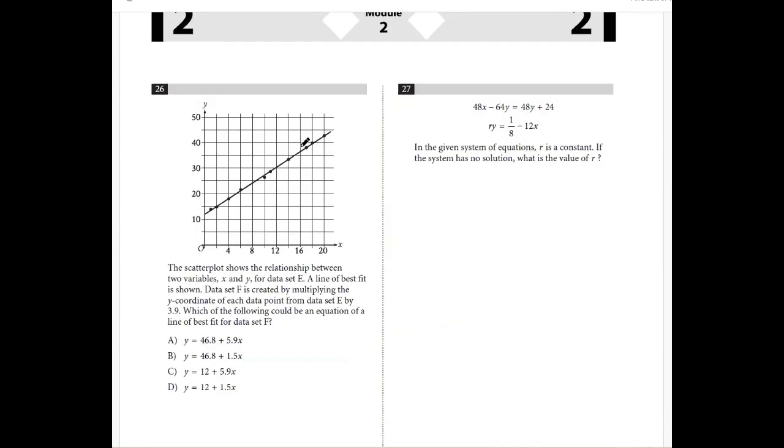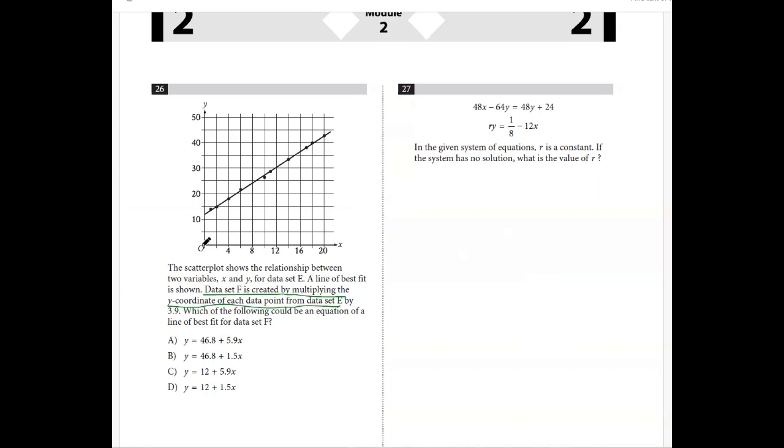Okay. Question 26, we're almost there. The scatter plot shows the relationship between two variables x and y for data set E. A line of best fit is shown. Data set F is created by multiplying the y-coordinate of each data point from data set E by 3.9. Which of the following could be an equation for a line of best fit for data set F?